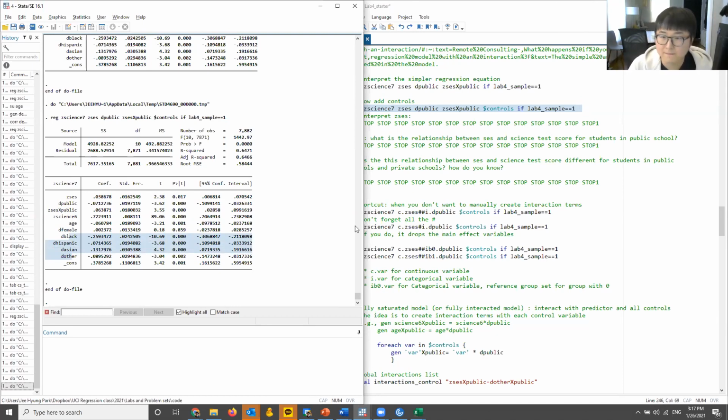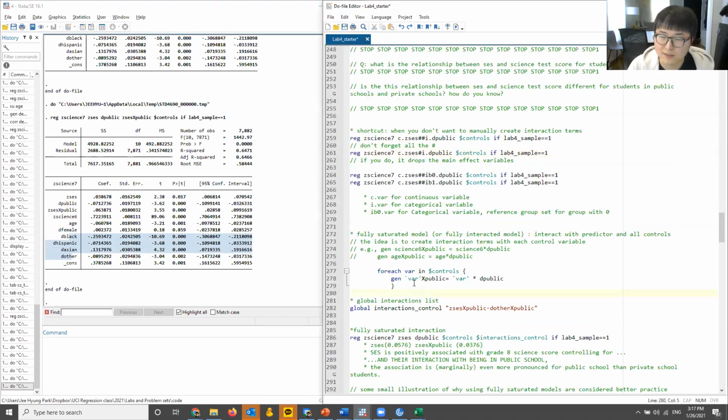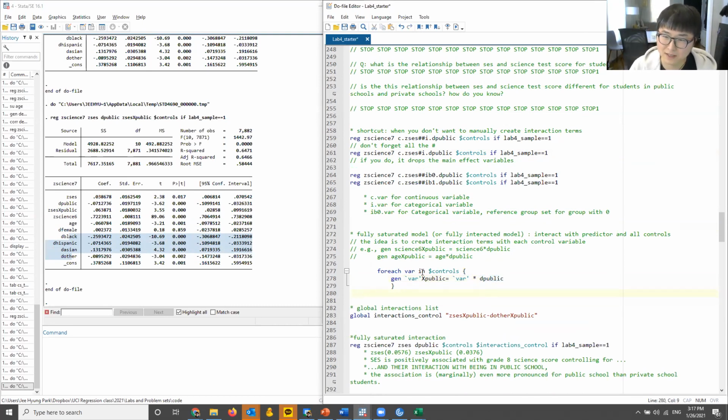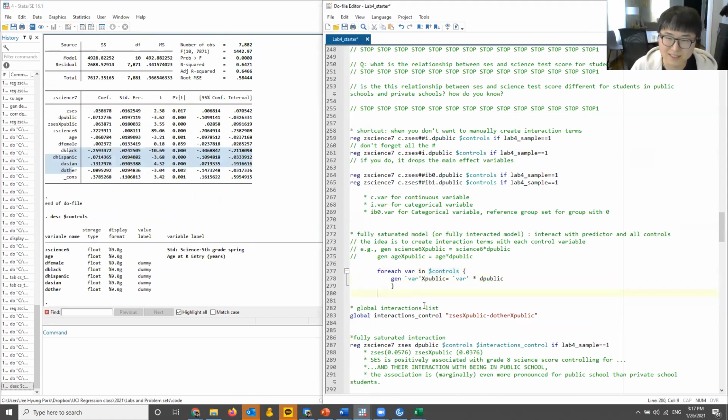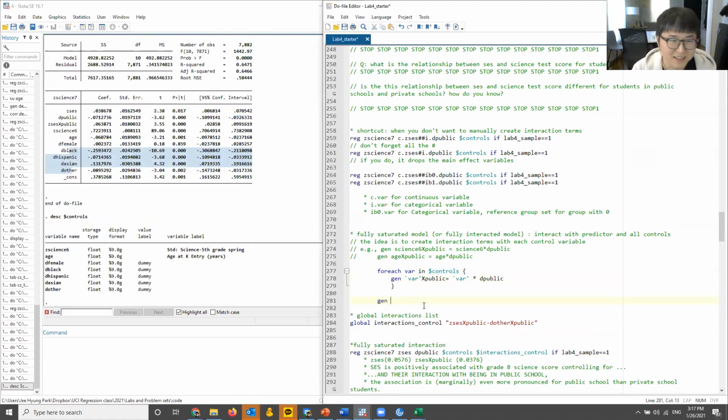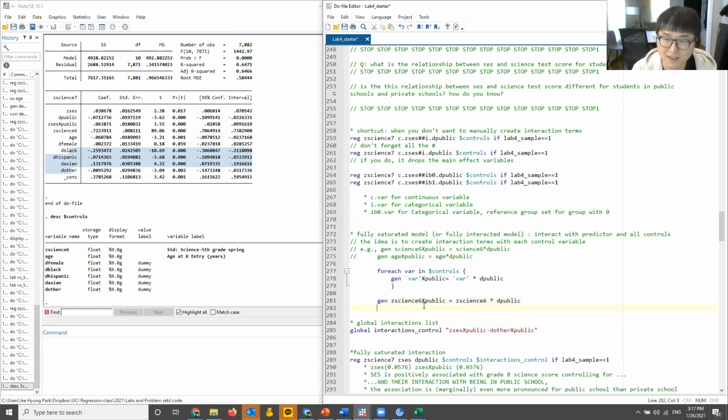And so what you do is you create an interaction variable for all of your control variables, multiplying each control variable with public. This is equivalent to saying gen zscience6Xpublic equals zscience6 times dpublic, and then repeat.